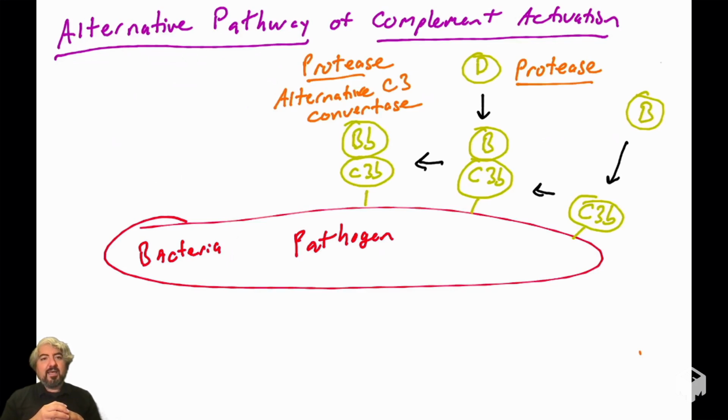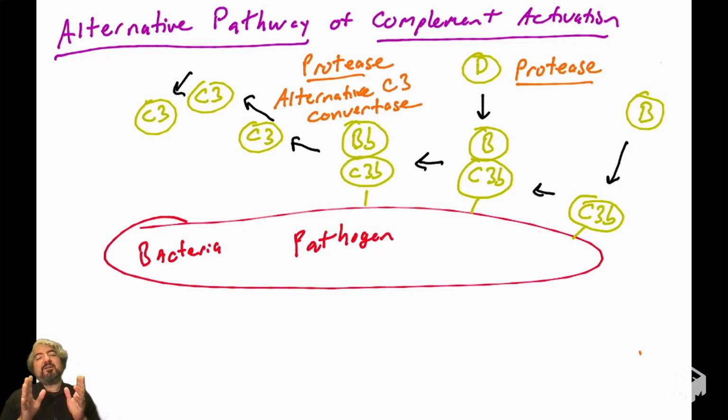Okay, so now we have another C3 convertase. Do you remember what C3 convertases do? This is our second C3 convertase. What do C3 convertases do? Guess what? They take C3s and they cleave them into C3a and C3b.